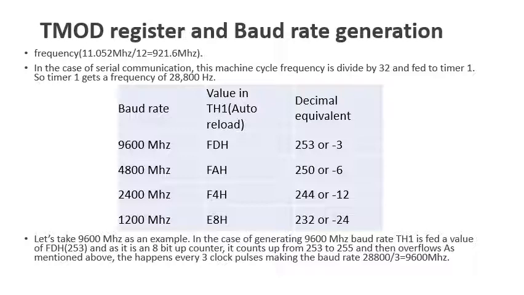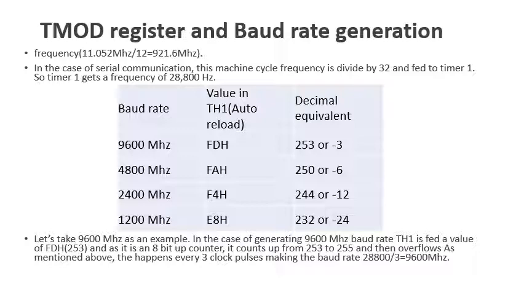All this might look a little confusing to you, so let us try to look at the working of the timer and how all this happens. Let us take 9600 baud as an example. In this case, timer 1 is set to mode 2 auto reload, in which every time the timer overflows, the value in TH1 is reloaded.